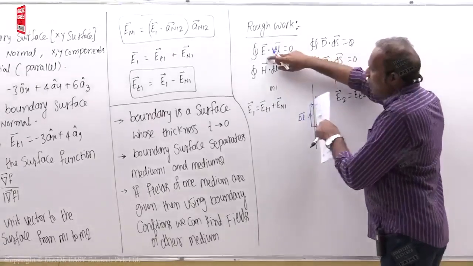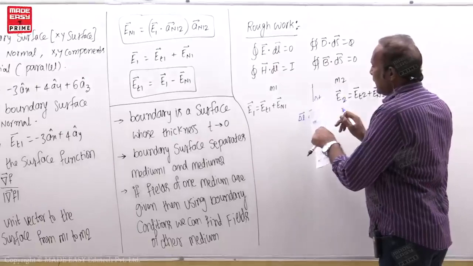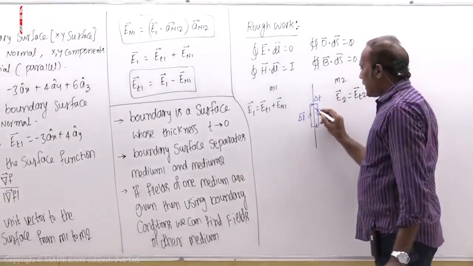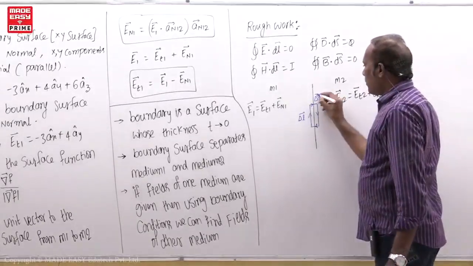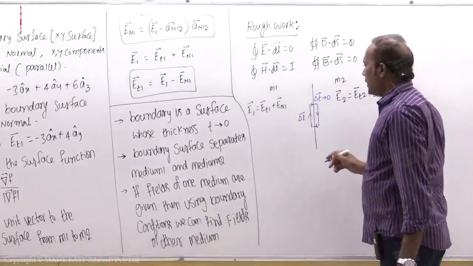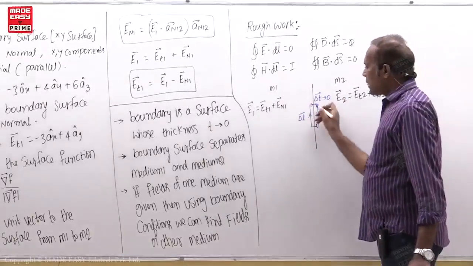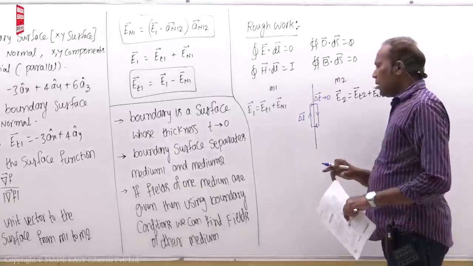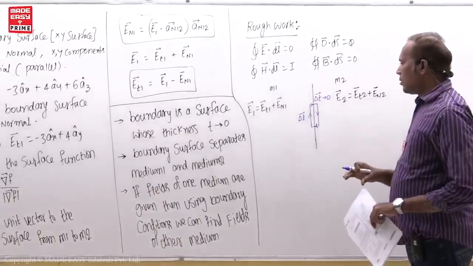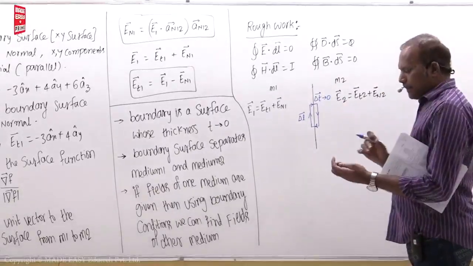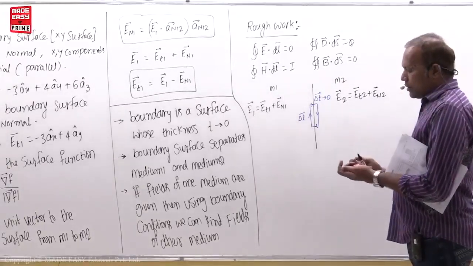So I am taking the closed line near the boundary in such a way that it touches medium 1 and medium 2, but delta T tends to 0 actually. So this is delta T by 2, this side also delta T by 2, but anyway that delta T is equal to 0.